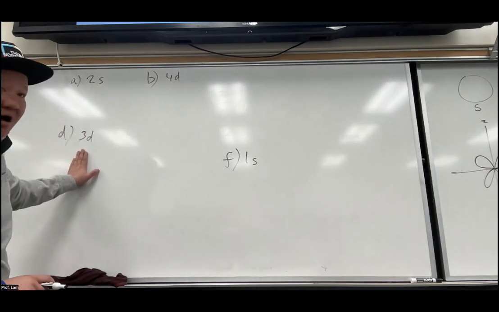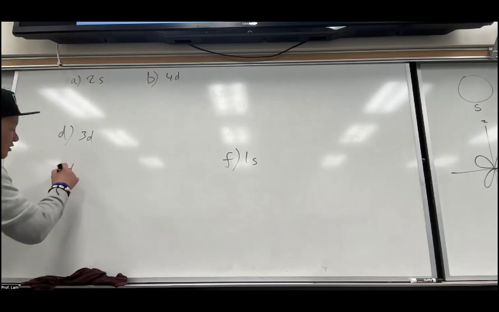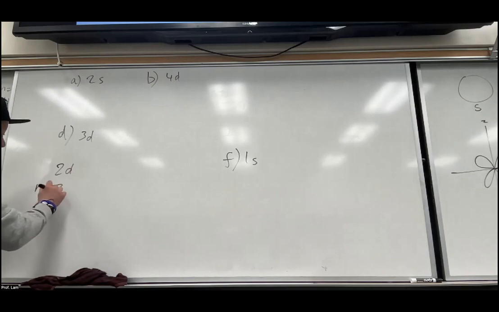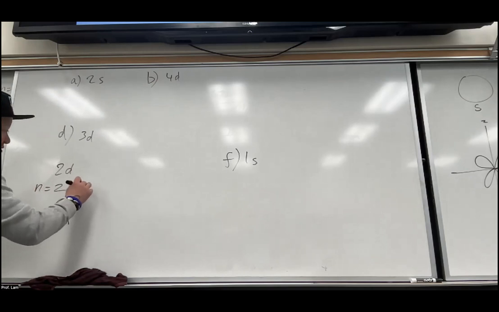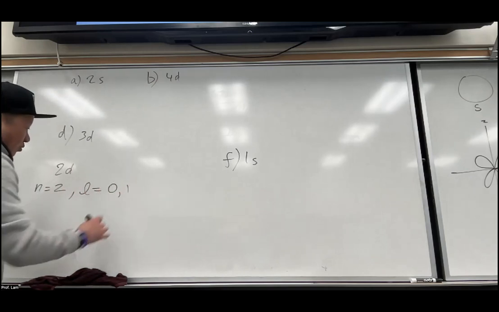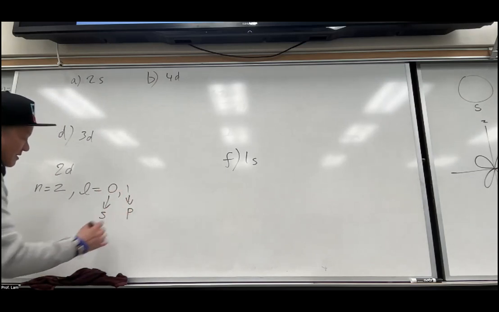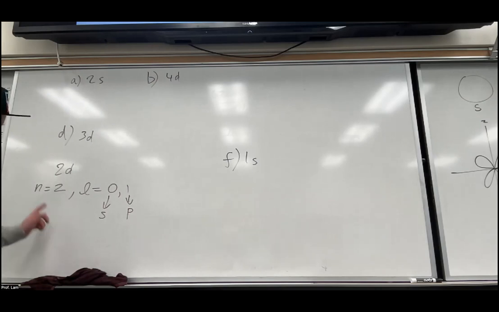Here's why. Let's look at whether 2d even exists. Because 2d means n is equal to 2. And when n is equal to 2, l can only be 0 and 1, which is an s sublevel and a p sublevel. Are there any d for n equal to 2? Nope. So there's no such thing as a 2d orbital. Tricky, right?